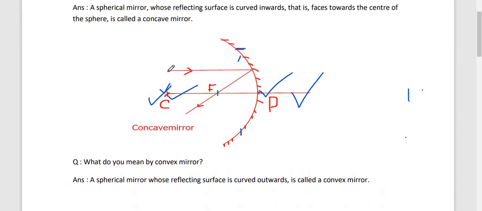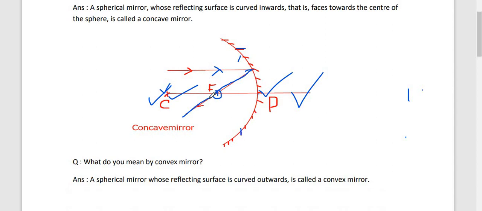So let us consider a ray of light parallel to the principal axis. This is the principal axis and this is the ray. After reflection, it will pass through a particular point of the principal axis, and this particular point is called the focus or principal focus.